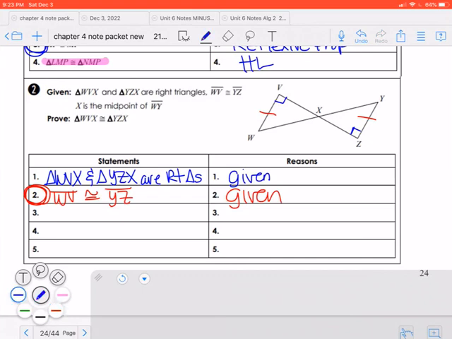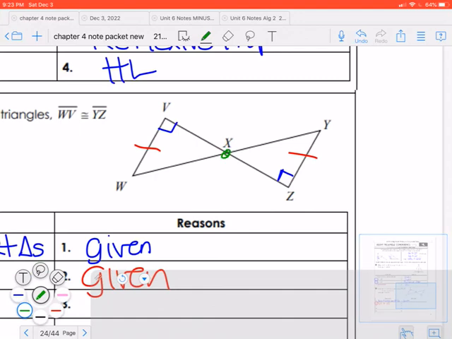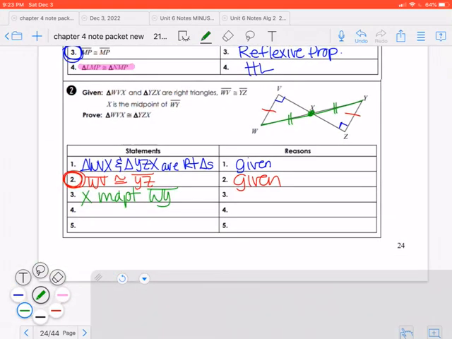And we've got another given. X is the midpoint of WY. Hopefully you recall now when they tell you that a point is the midpoint, the automatic thing that you say after that is the two halves are equal to each other.